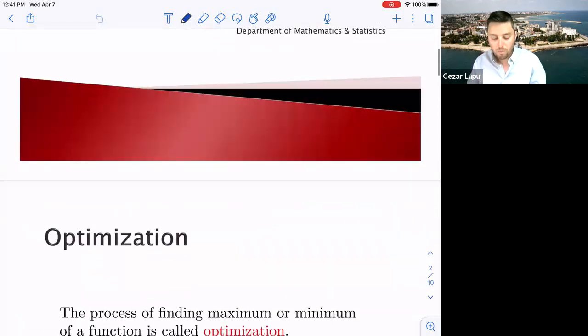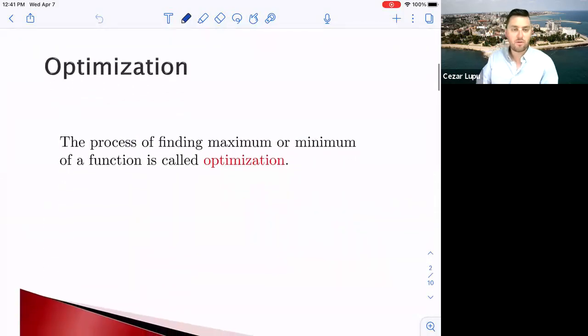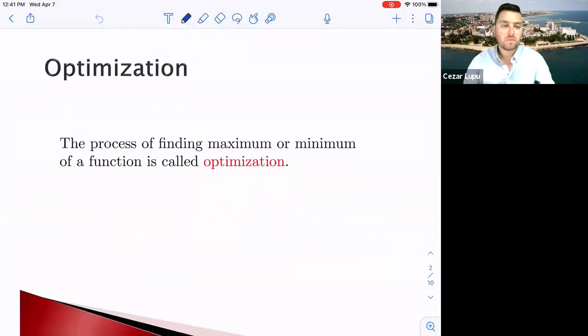So what is optimization first? Optimization is the process of finding the maximum or minimum of a function, right? So that's what we're trying to see.